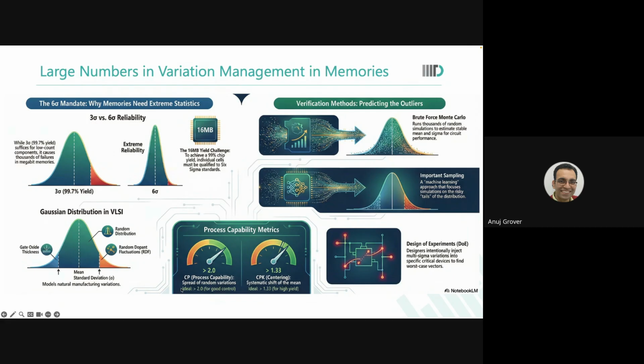Plus minus 3 sigma does not suffice. If the capacity is of the order of 16 megabits, we need to qualify plus minus 6 sigma, and if it is more than 16 megabits, we need to go far beyond that 6 sigma extent.